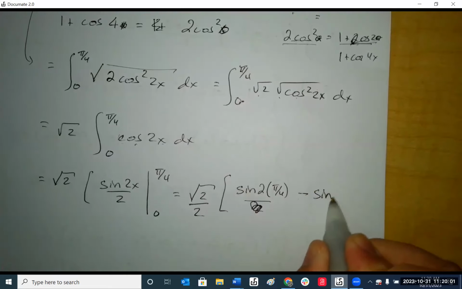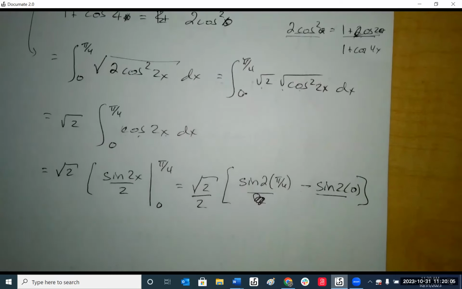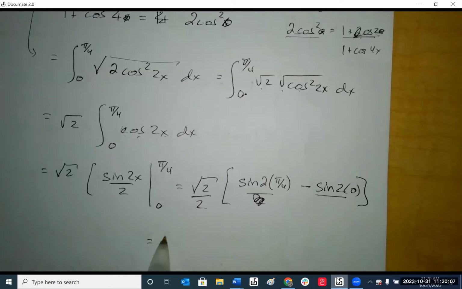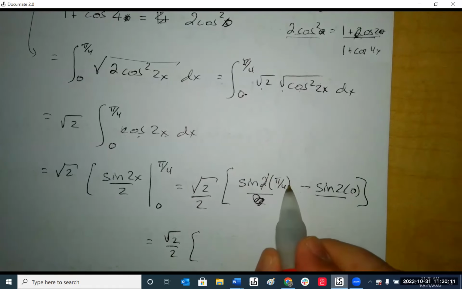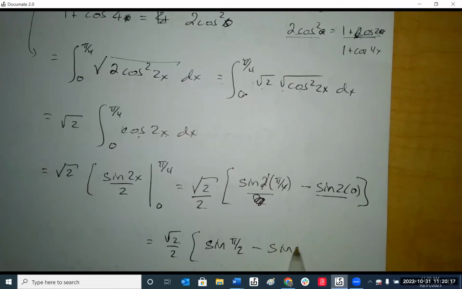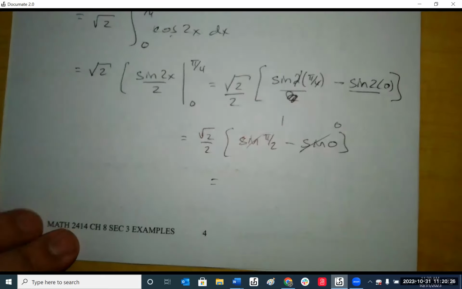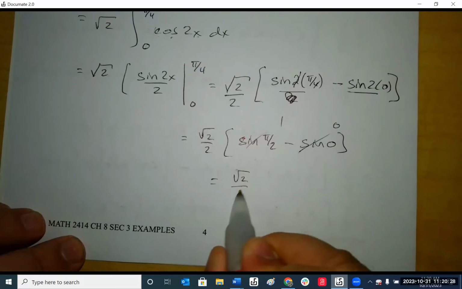Minus sine 2 times 0. So 2 and 4, so we have sine pi over 2. Sine of 0 is 0. Sine pi over 2 is 1. So the answer is square root of 2 over 2.